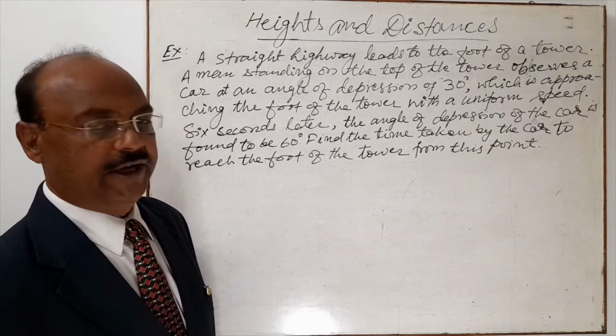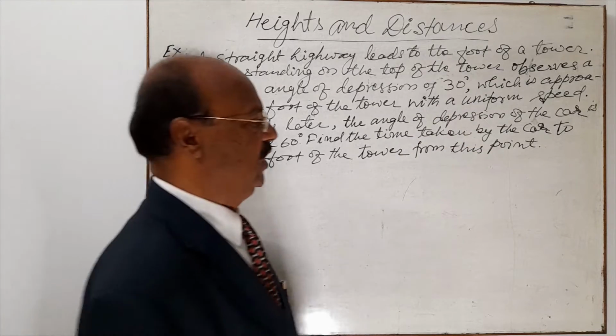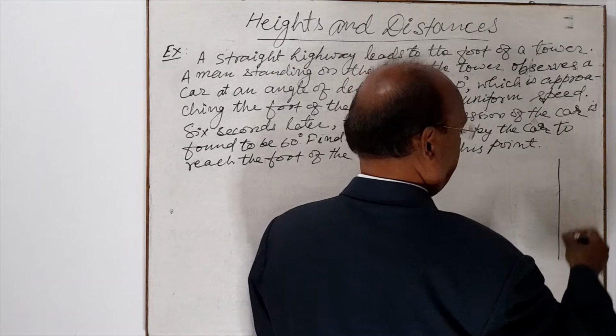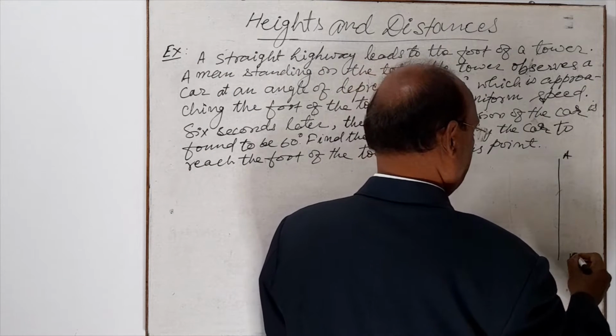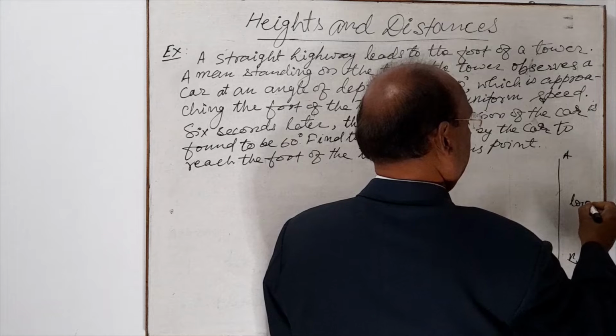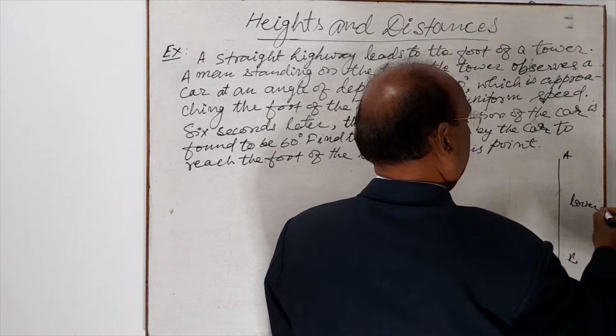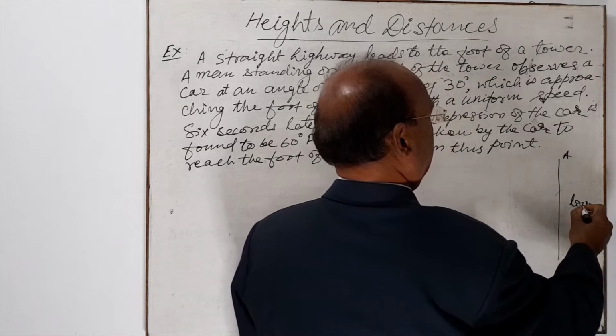First of all, we will try to make a diagram here. Suppose AB is the tower here. AB is a tower. Correct?